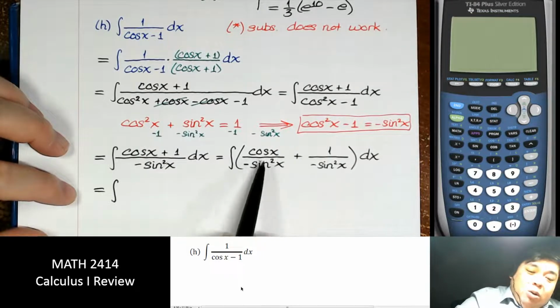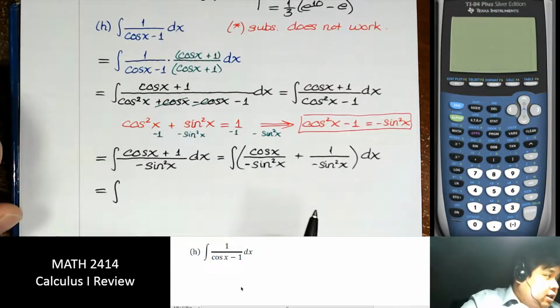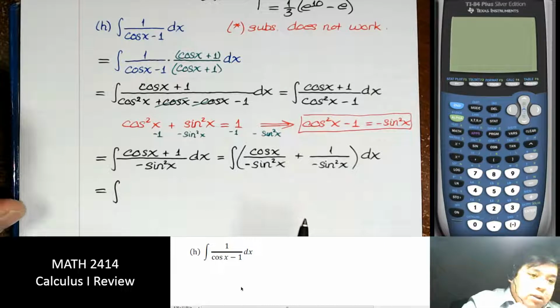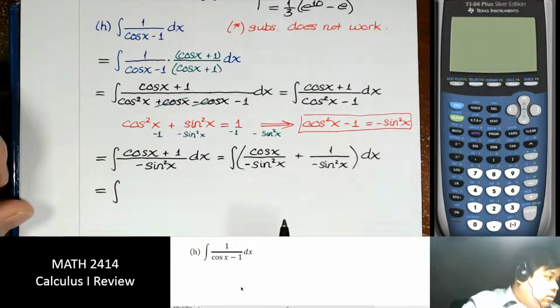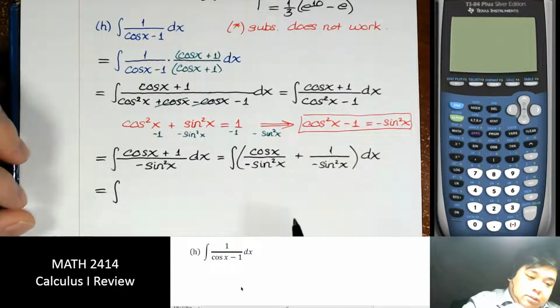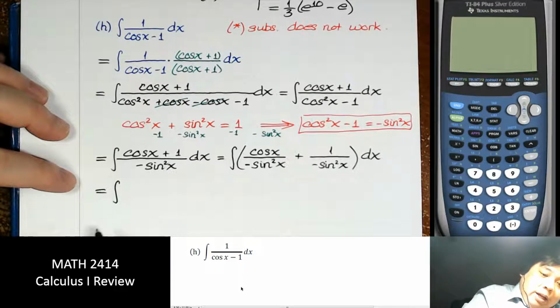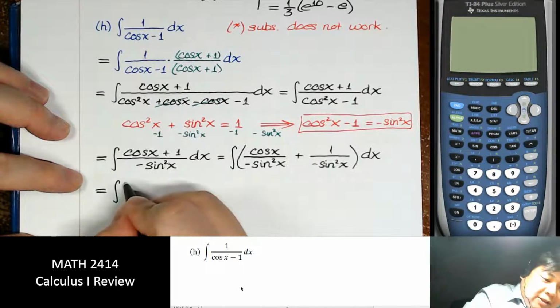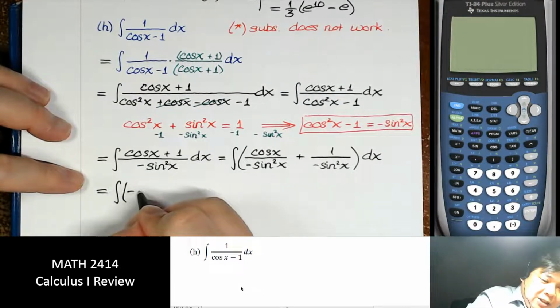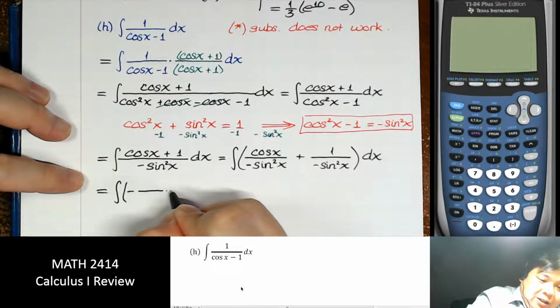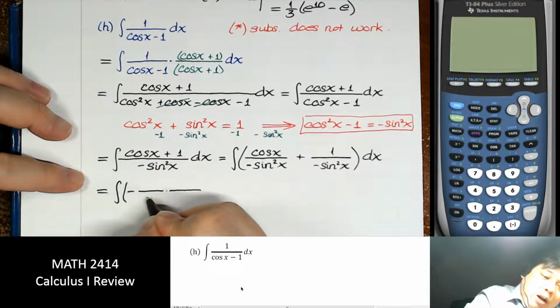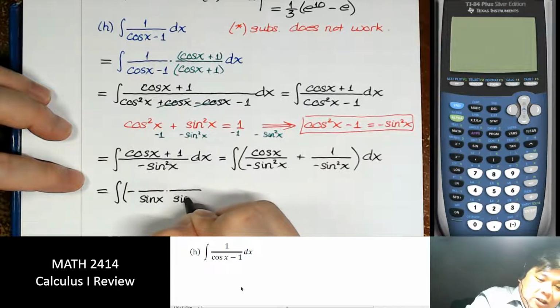Right. Cosine over negative sine squared. It's going to be negative. The sine squared at the bottom, I write sine times sine.